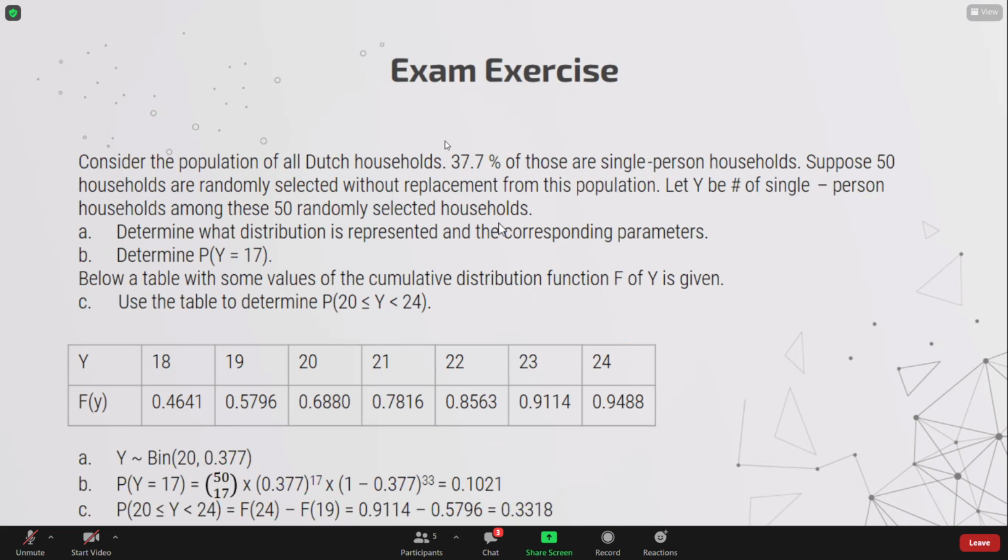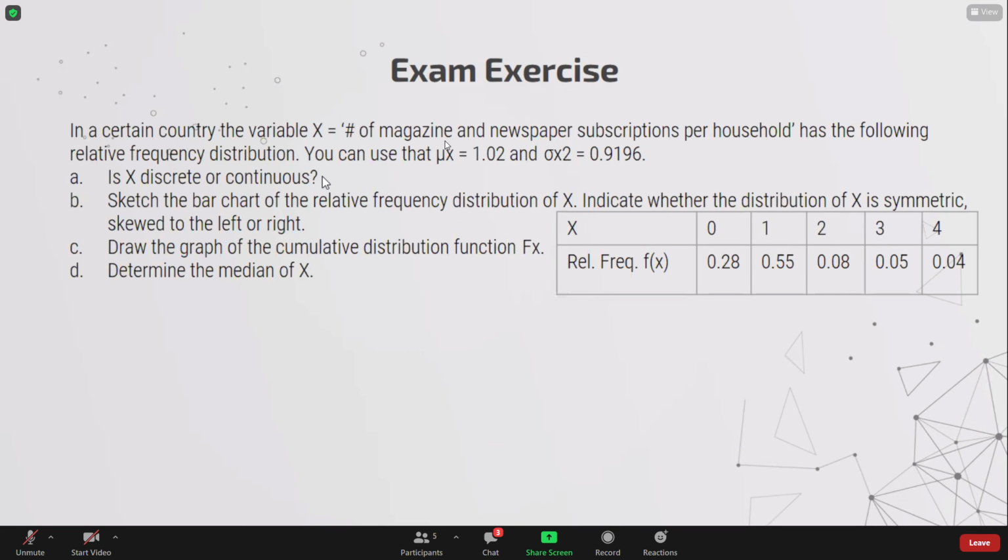That's the solution. And here, keep in mind that it's relative frequency. So it means that each number that is here corresponds only to the value that is above. So it's not cumulative. So I'm going to give you 5 minutes.